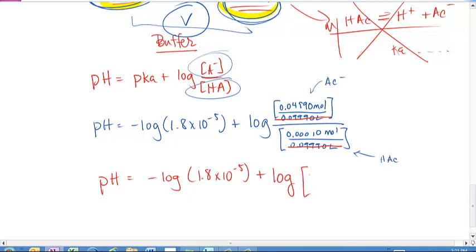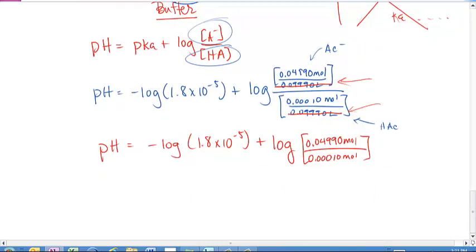So the number of moles of AC minus is 0.04990 moles over the 0.00010 moles of my acetic acid, and I don't even need to put the volume in because it canceled. And it will always cancel because you poured them together. They're in the same volume.